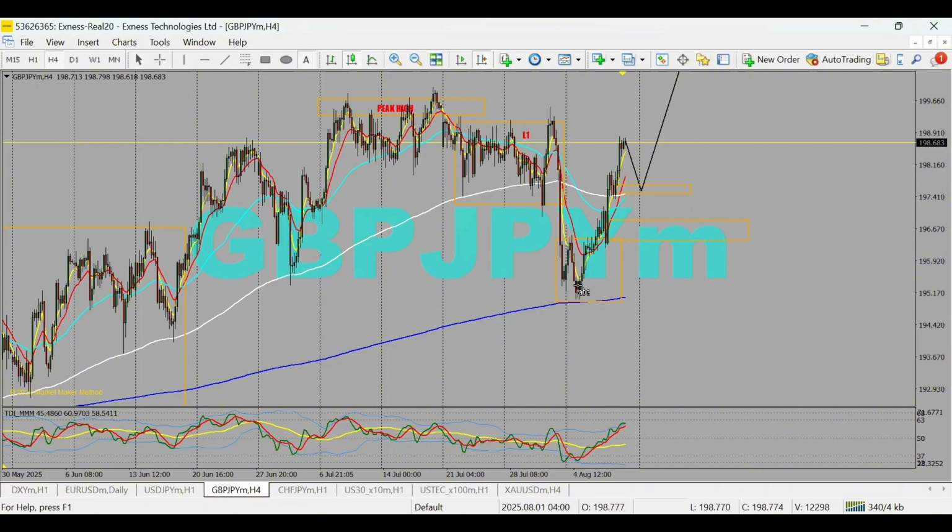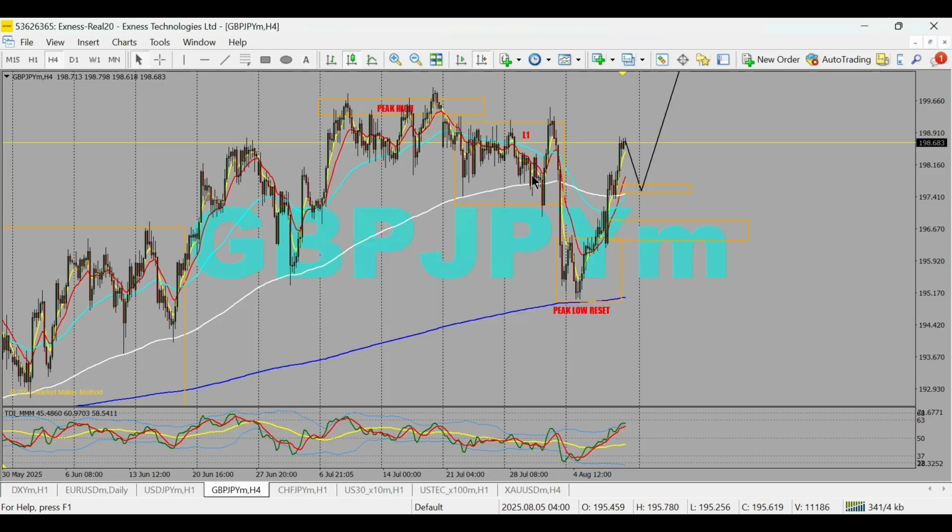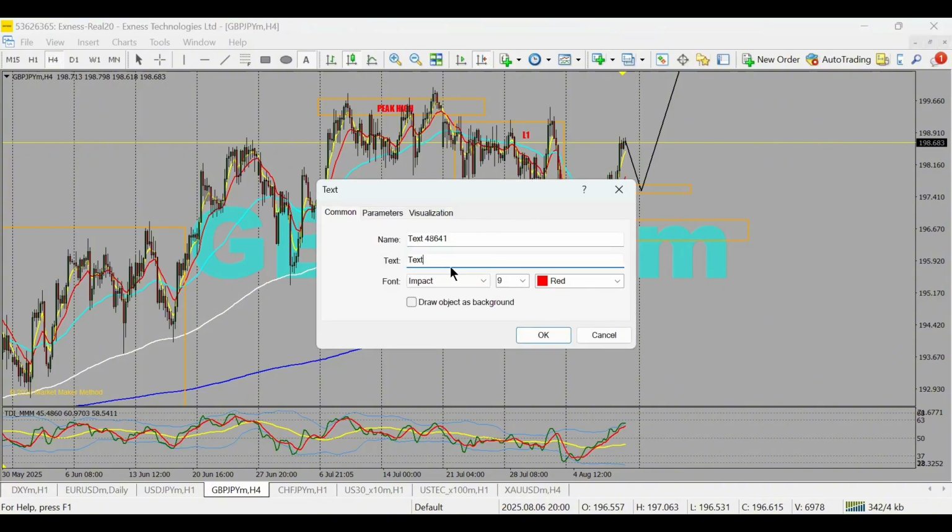Okay, so currently price is coming from a peak formation low reset. Peak low reset right there, and we had a level 1 push on the H4. We had a 1350 crossover right here, and this is our level 1 rise. So currently we are on the H4 level 1.